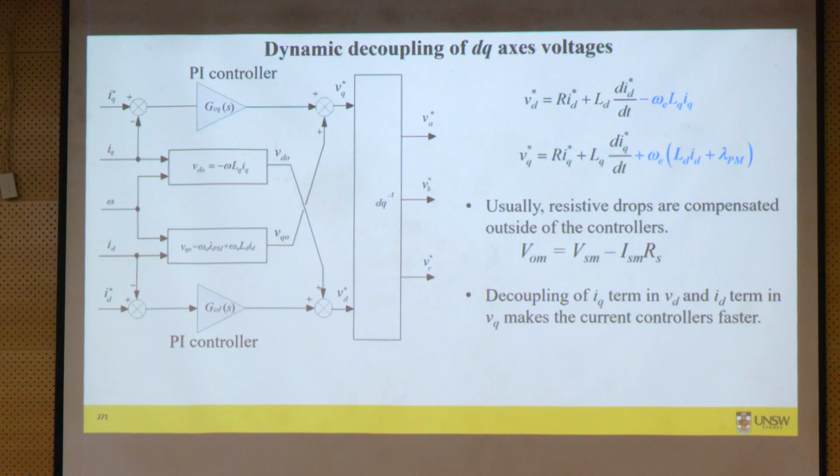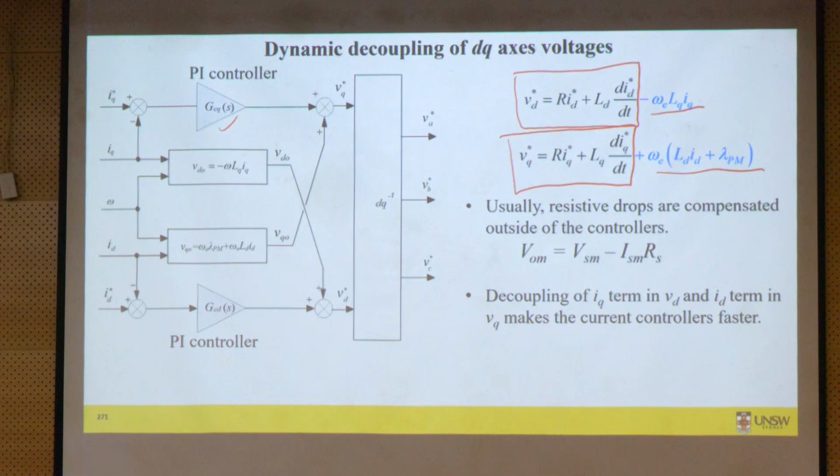Usually, you design your PI controller from the voltage equation considering simply this. Okay, you design your PI controller considering only this. The coupling term we ignore while designing the PI controller, and these two terms are added later to the output of the PI controller.